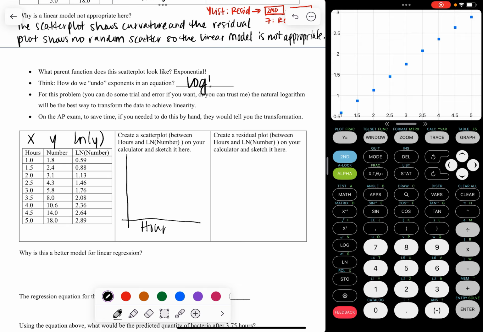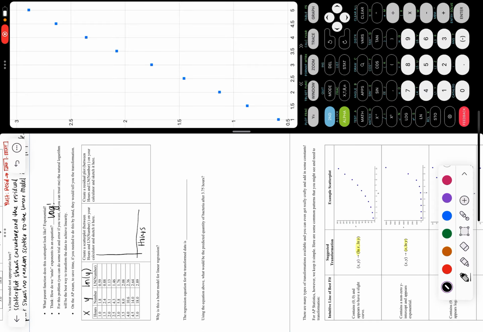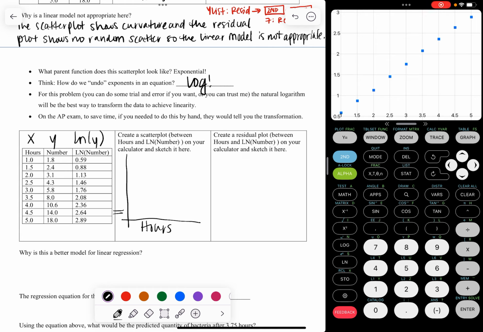So if I'm doing hours versus number of bacteria, the ln of number of bacteria, I have a 3, 4, 5, 6, 7, 8, 9, a pretty straight set of data. And so this is data that I can go in and talk about slope and talk about y-intercept, which is why we kind of do this.